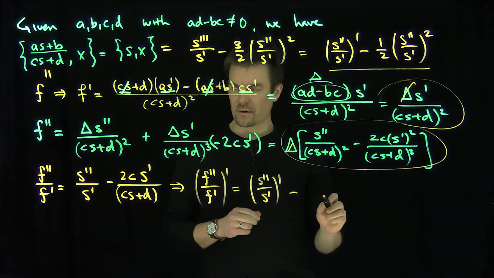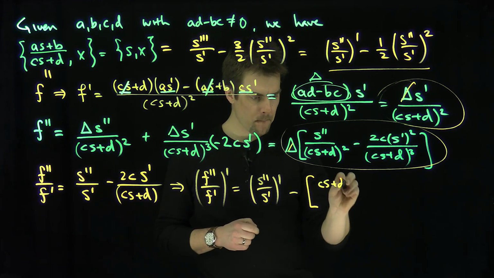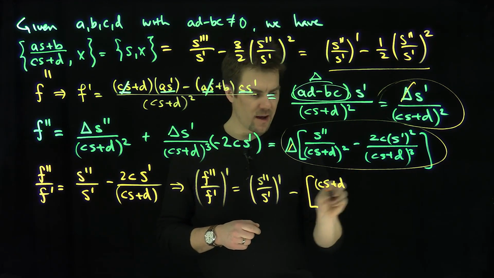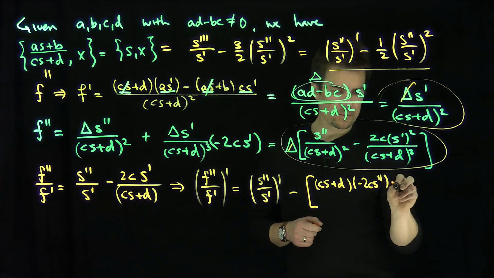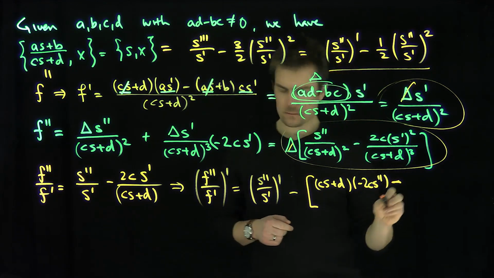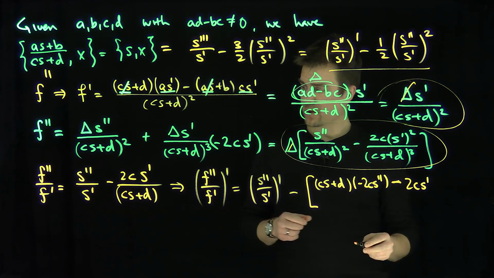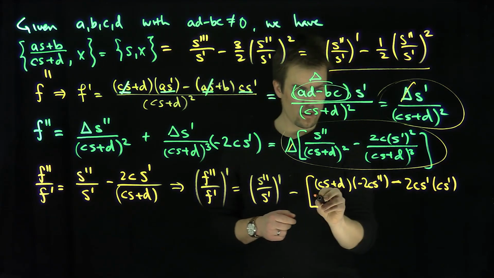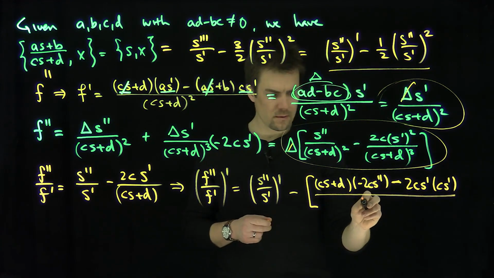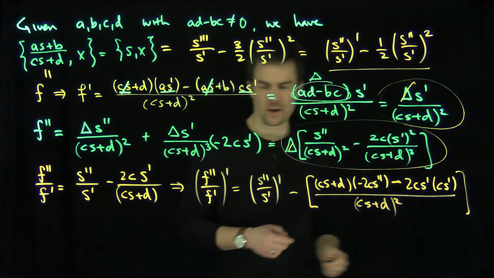It's going to be the bottom times the derivative of the top, minus the top, 2cs prime, times the derivative of the bottom, which is going to be cs prime, all divided by the bottom squared. That's by the quotient rule.